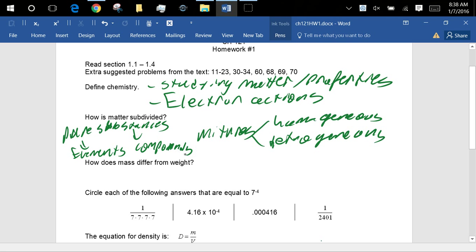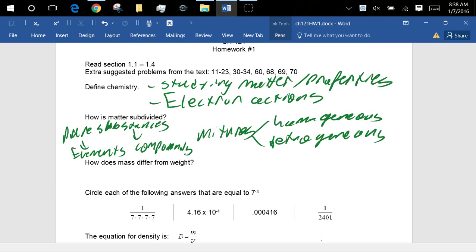Okay, so a super easy example of a pure substance would be table salt, NaCl. So why is NaCl not a mixture? Because Na and the Cl are chemically bonded. Okay, anything else? If I give you a salt shaker and it's just got regular table salt in it, it's just NaCl throughout the entire thing, right?